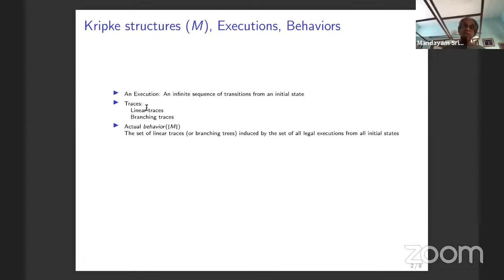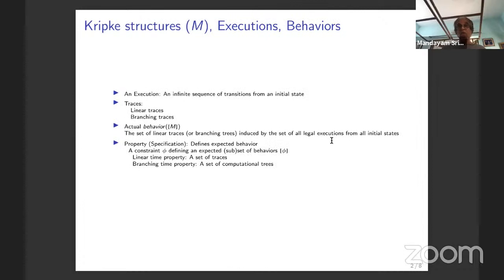Traces are derived from executions. They use the labeling functions for the states. And the actual behavior is the set of all linear traces that is induced by the set of all legal executions from all the initial states.